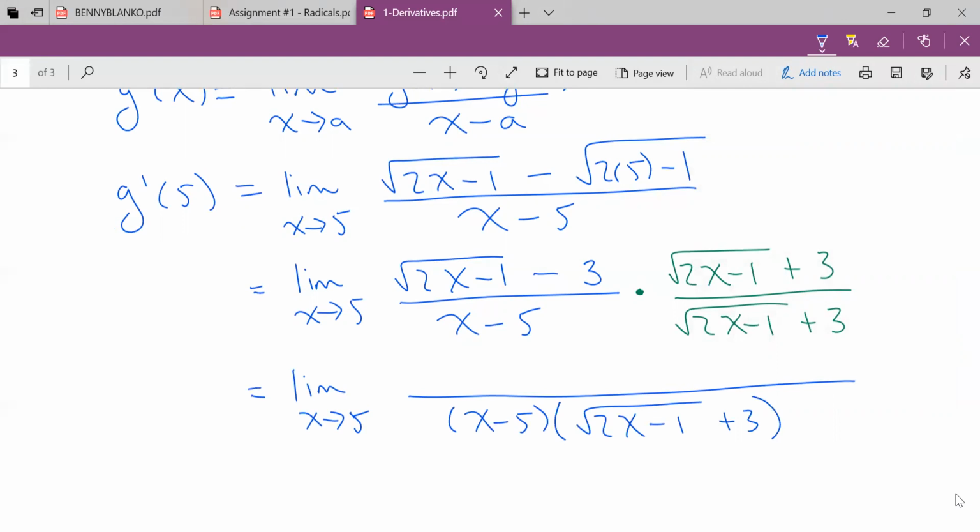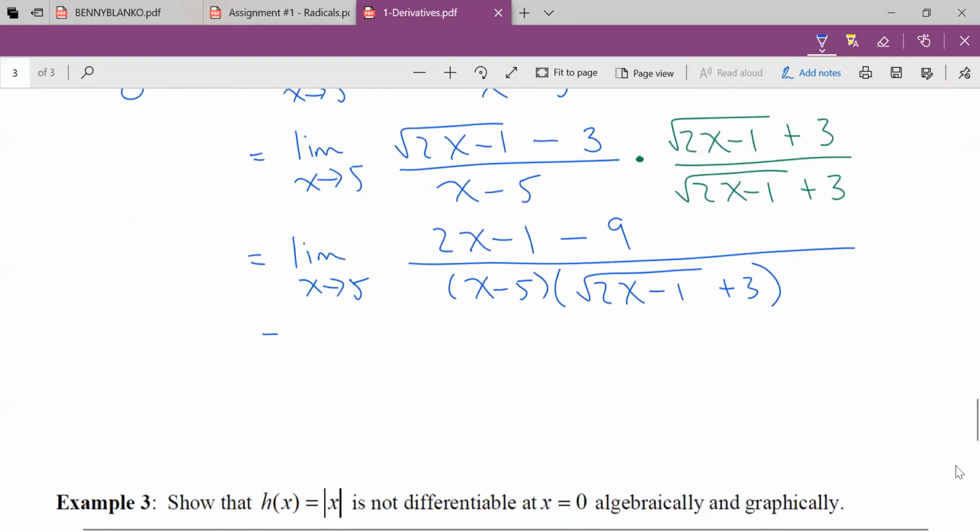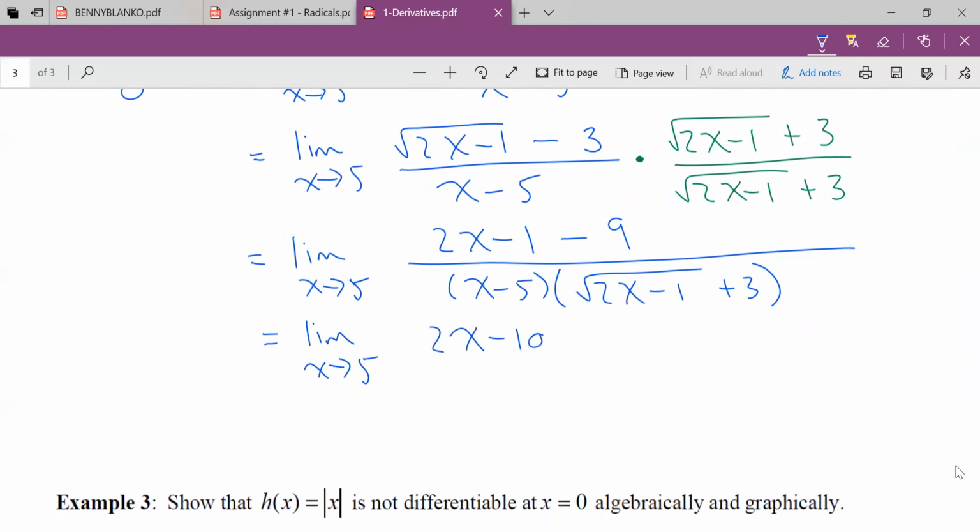Okay, in the numerator, because they're conjugates, I simply have to just multiply the first term and the last term like that. And simplify. And I'm running out of room because these questions take so much space. This is 2x minus 10 over x minus 5 times the square root of 2x minus 1 plus 3.